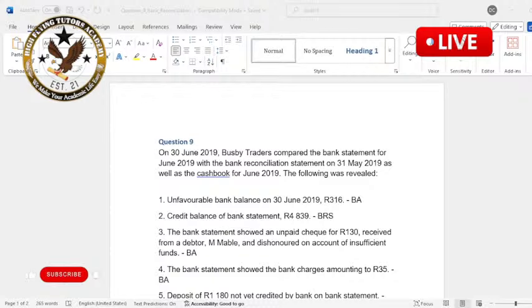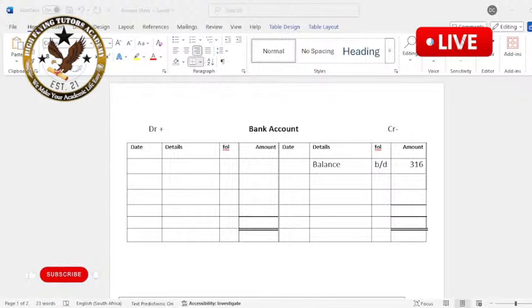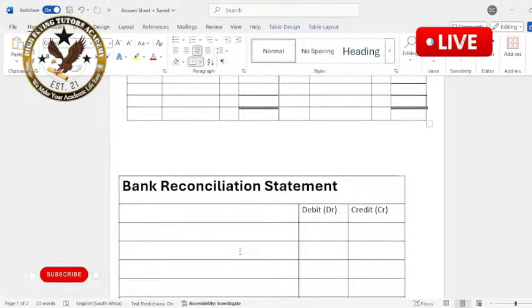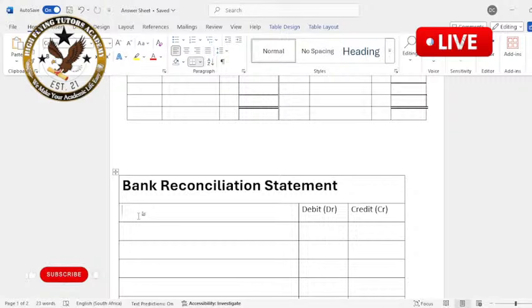So I just want to go directly to the bank reconciliation statement on our answer sheet quickly. So let's go there. We are just going to say credit balance according to bank statement.